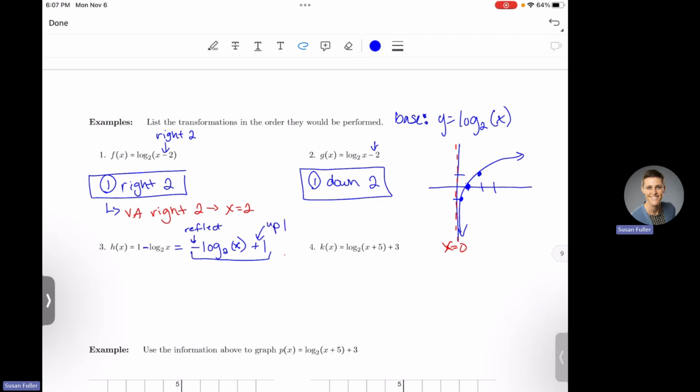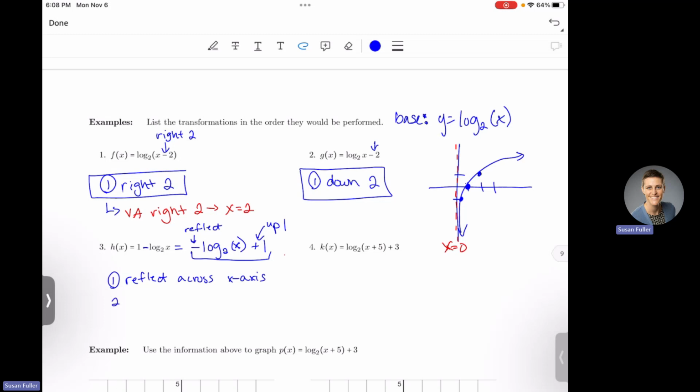So now, which order do I have to do these things in? Well, first of all, I would shift left and right. I would do my horizontal shifting, but I don't have any of those. And so the first thing that I'm going to do is reflect this vertically up and down across the x-axis.